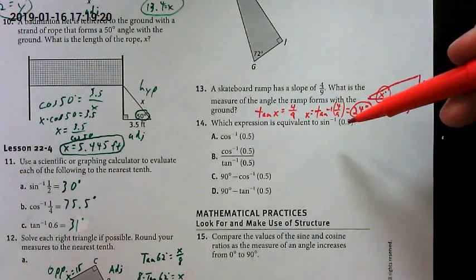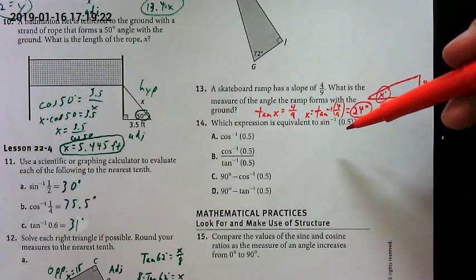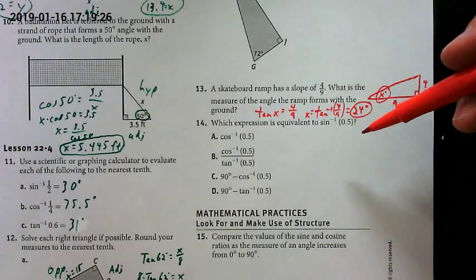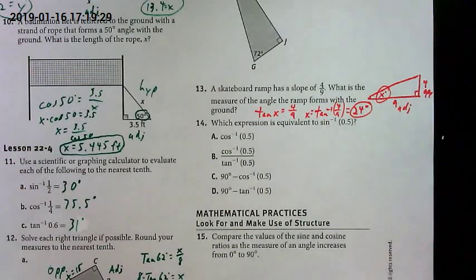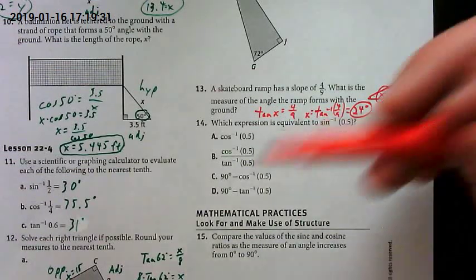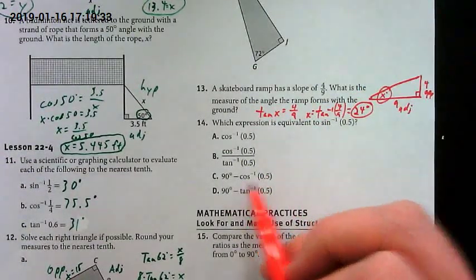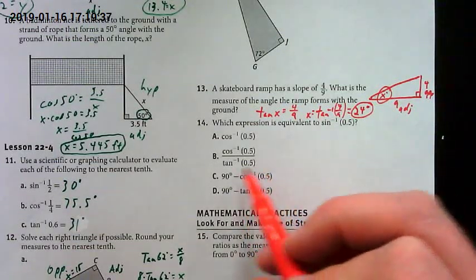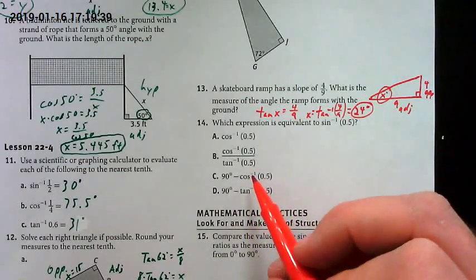So we want it to be 30, and we know that the sine of an angle is equal to the cosine of its complement. So here, this one is essentially going to be the cosine, right?